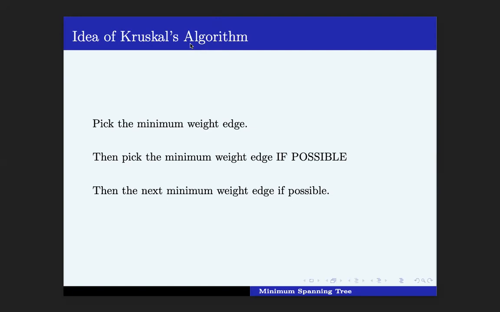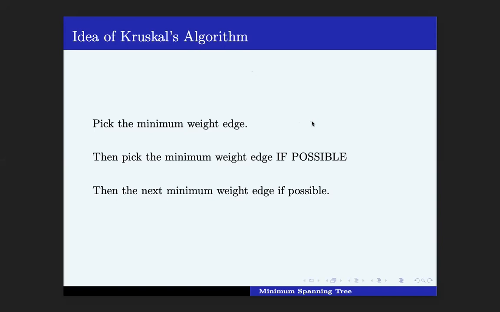So that's why we should always ensure that the edge that we pick up doesn't produce a cycle. You can ask, how is it possible? Imagine that a graph has all the edge weights the same, so every edge is a minimum weight.